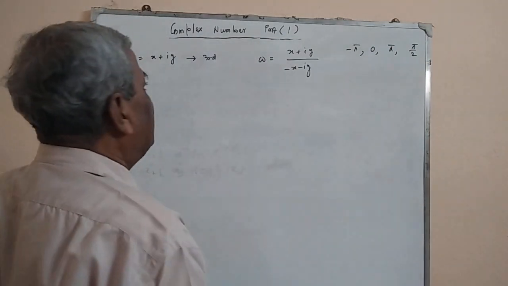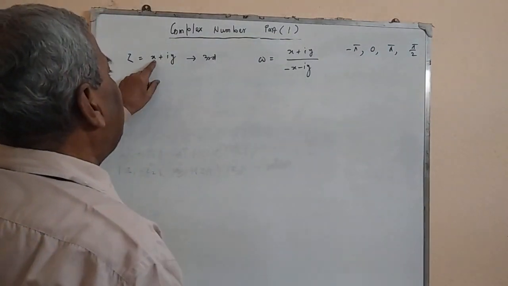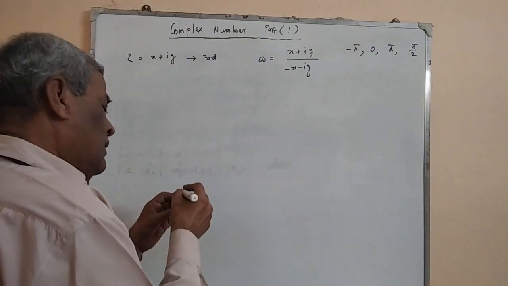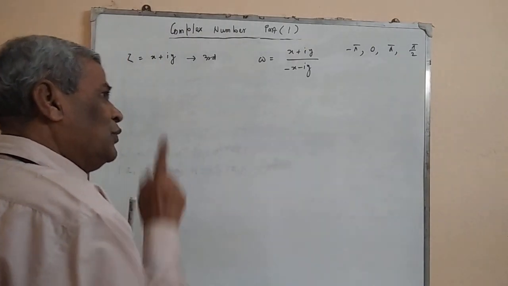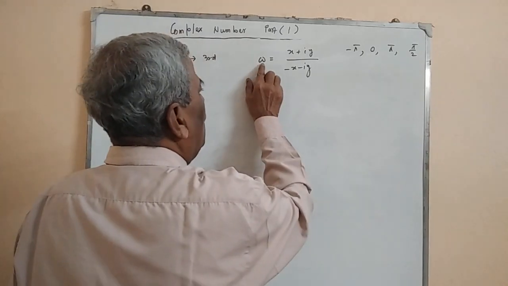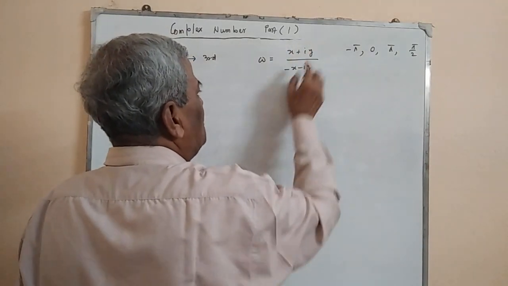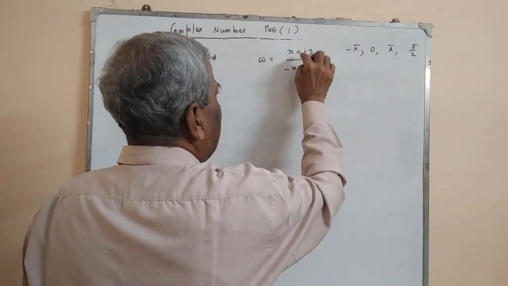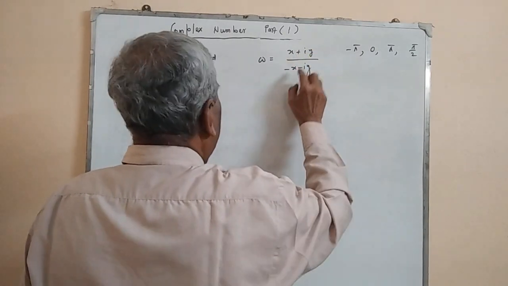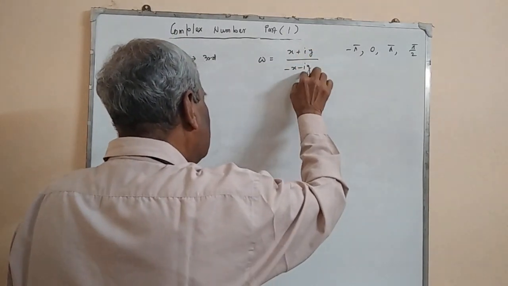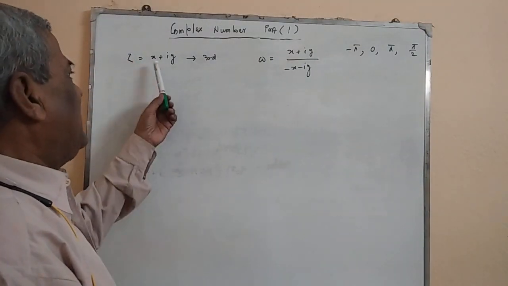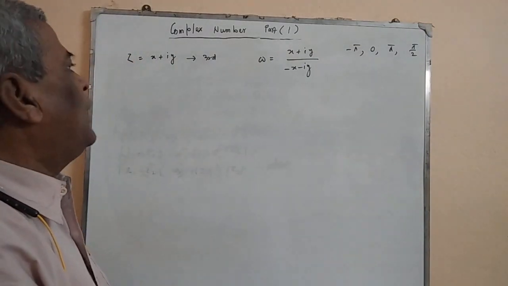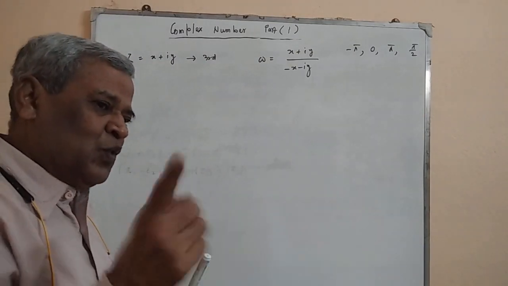So a few points are there. Z is given as x plus iy. Number 2, it lies in the third quadrant. Then we have to find the argument of (x plus iy) by (minus x minus iy), that is z by minus z. Given that x plus iy lies in the third quadrant, it means x is negative, y is negative.